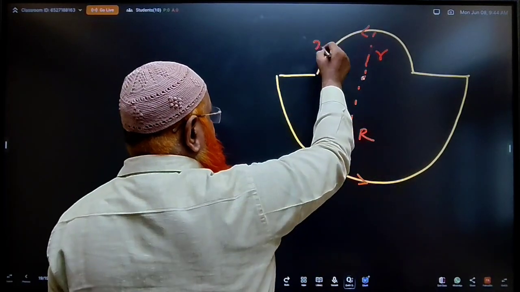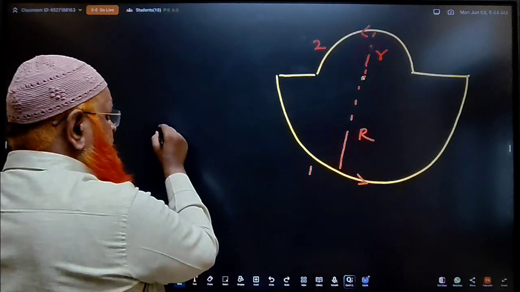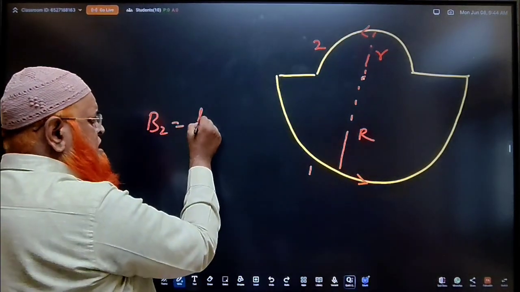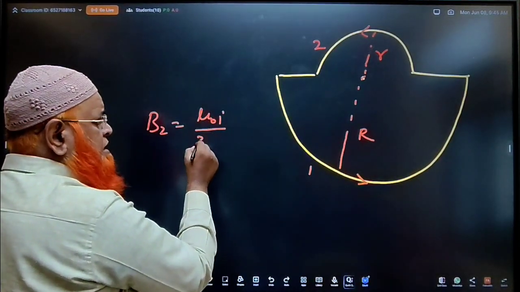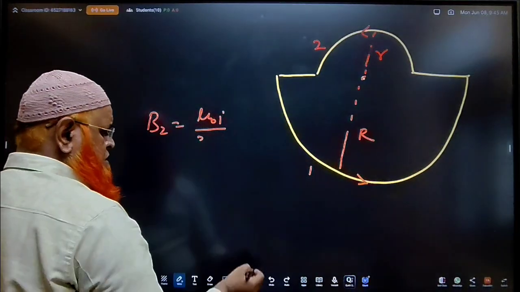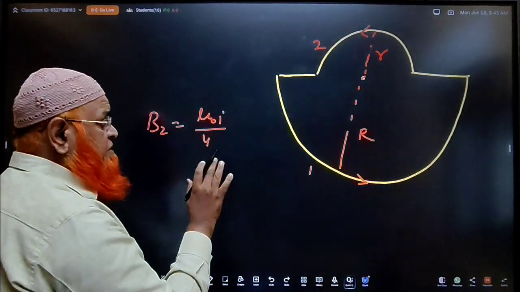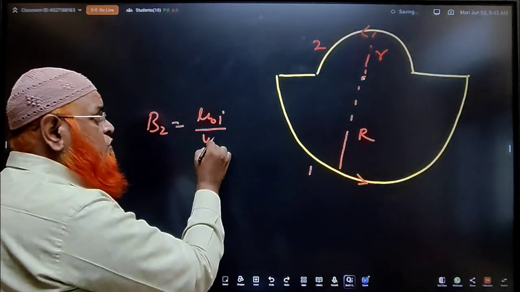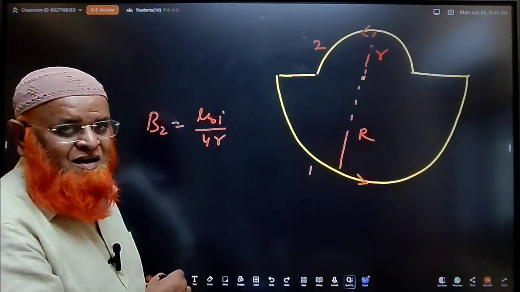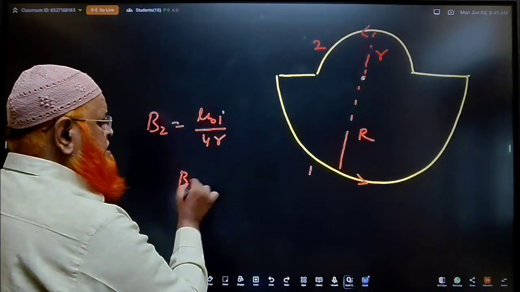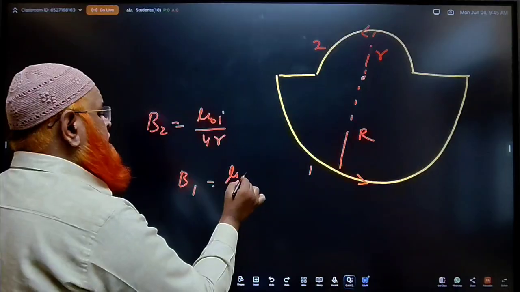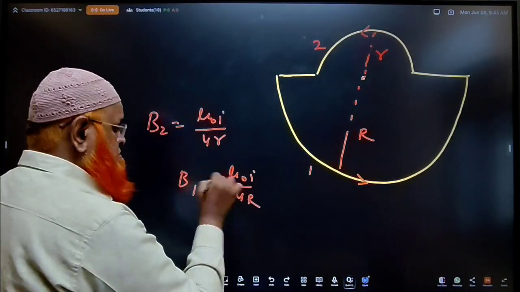Let us take this as the first one, this as the second one. So here B2, because of the second one, is mu naught I by how much? It is a half wire, no? I told you for a complete wire it is mu naught I by 2R, so for a half wire it is mu naught I by 4r, with small r for the smaller wire. And B1 for the larger wire is the same formula, but mu naught I by 4 capital R.